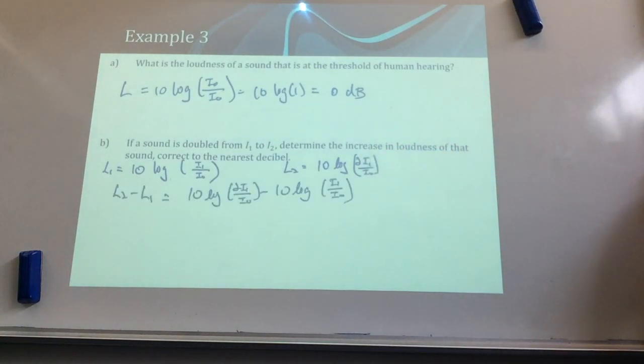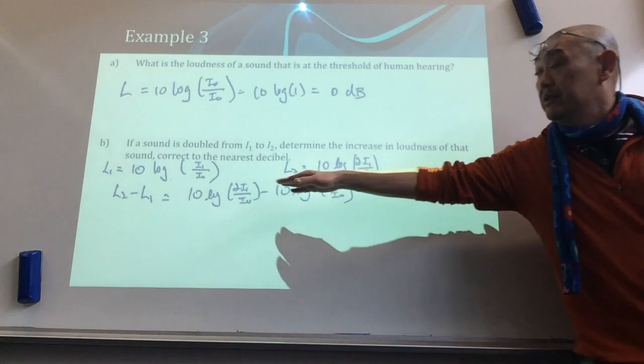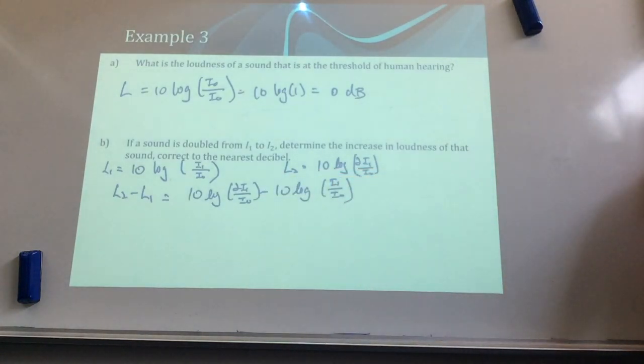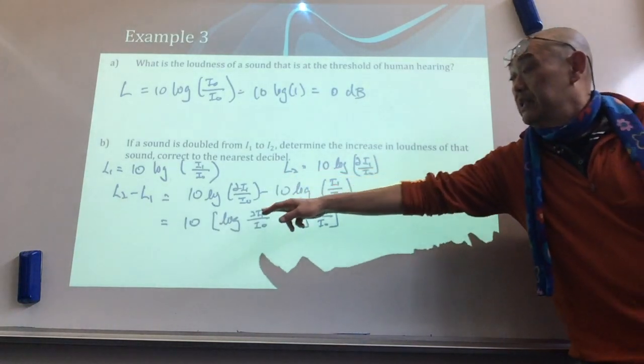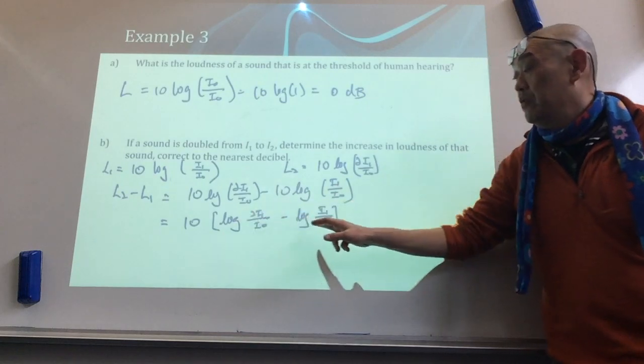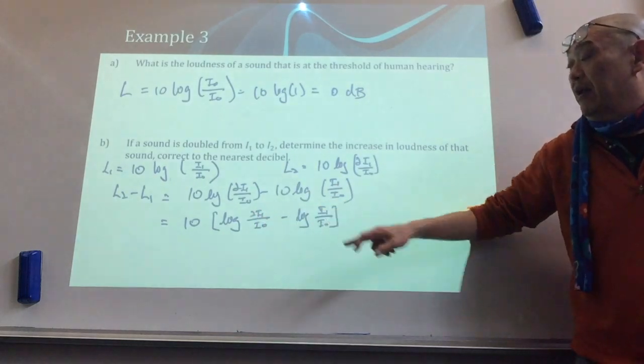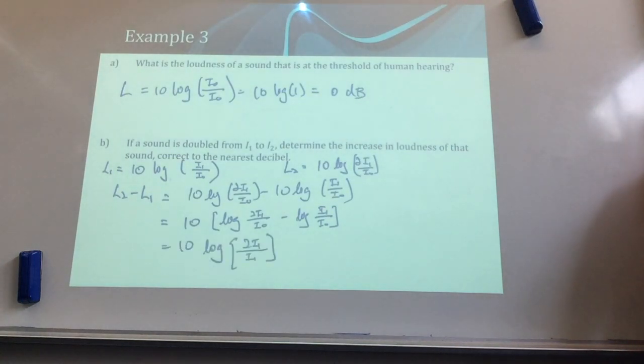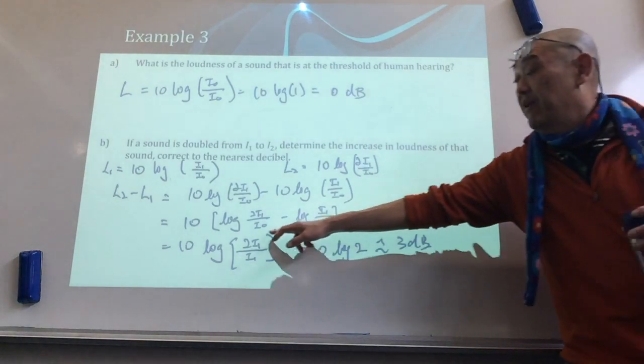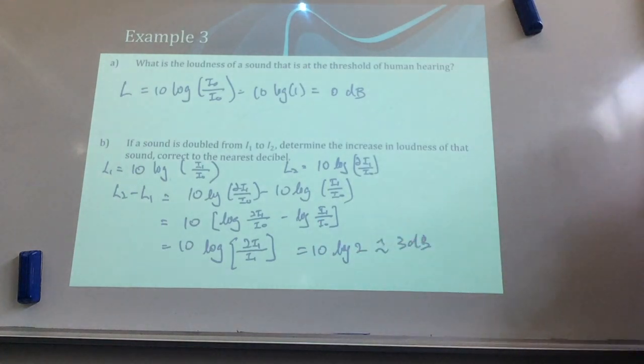You can work out one take away the other: 10 times log of 2I1 over I0, take away log of I1 over I0. And that's it. That divided by that is 2, and 10 times log 2 is approximately 3 decibels.